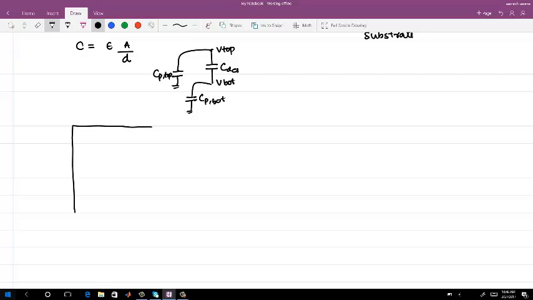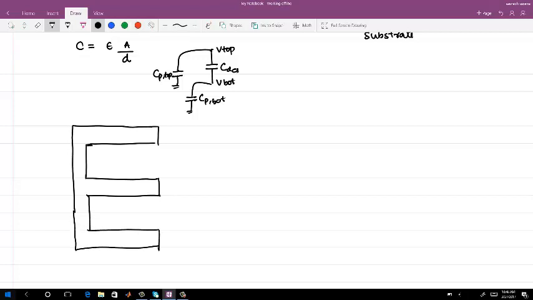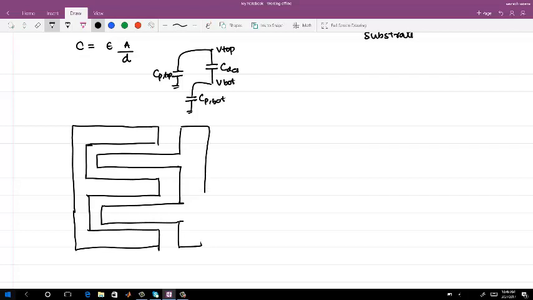So let me show how you can do it. Let's say both are M3. I can do that. So this is the capacitance which is coming because of the fringe capacitance in the same layer.